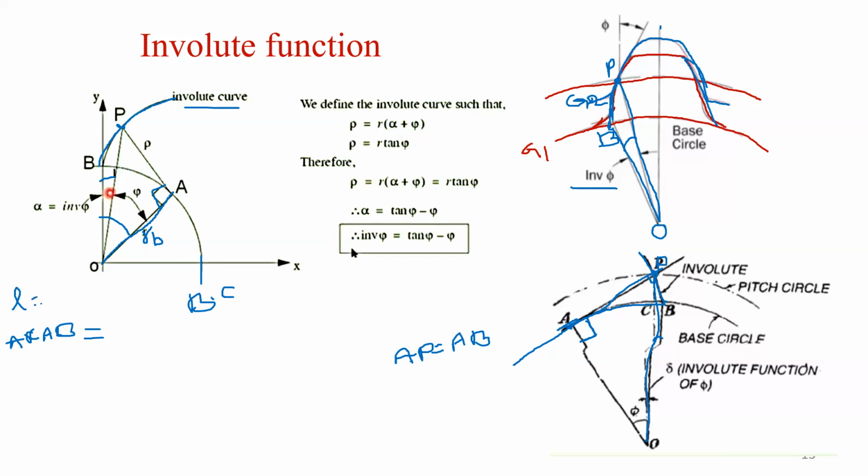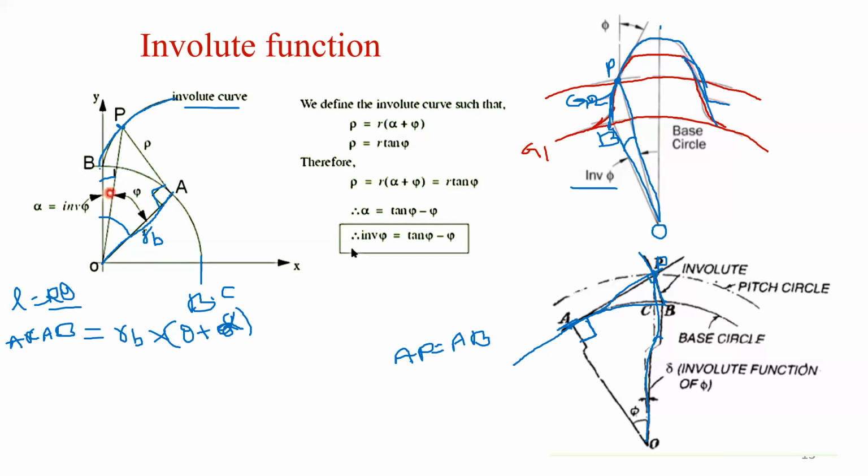As you know, L is equal to R into theta, radius multiplied by the angle. This radius is RB, the base circle radius, into theta plus the involute function alpha, that is theta plus alpha.